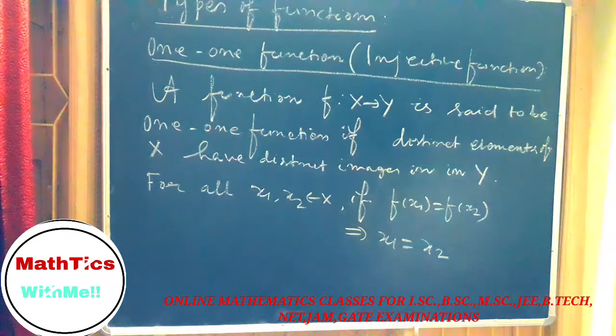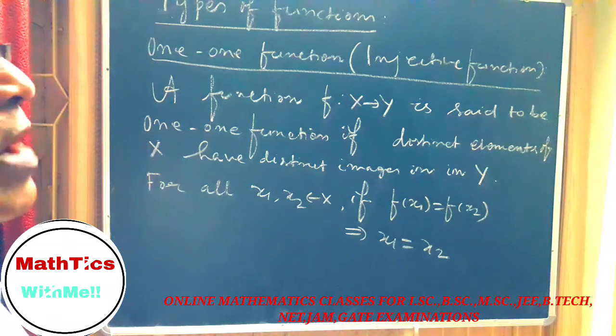It means distinct elements of set X have distinct images in set Y. So this function is called one-one function.